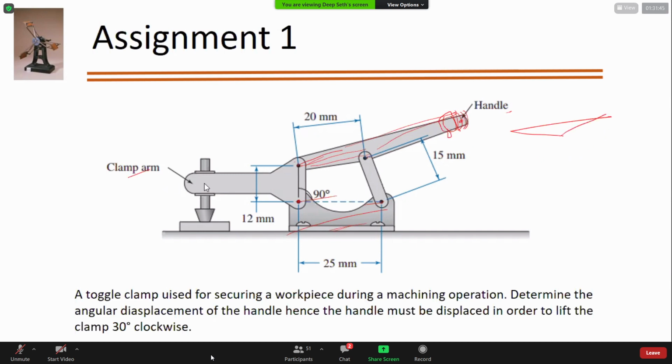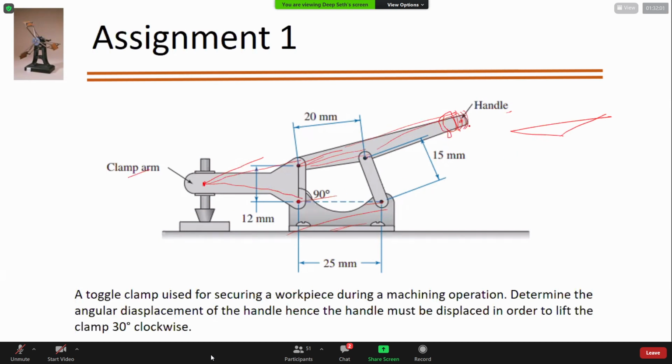And similarly for the clamp, we made it like this because it will be the point of interest. It will go till here and this will come till here, so here you will have another triangle.